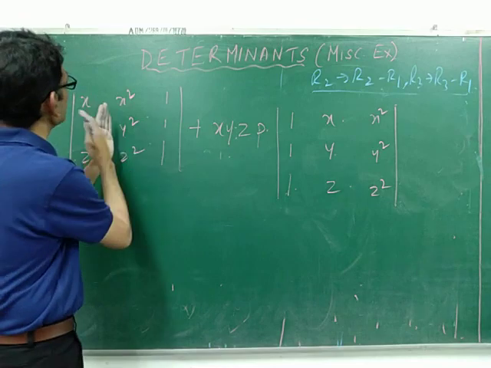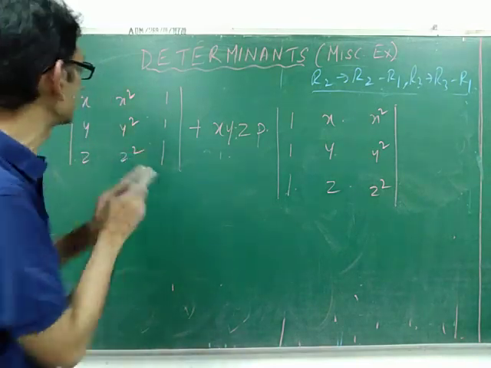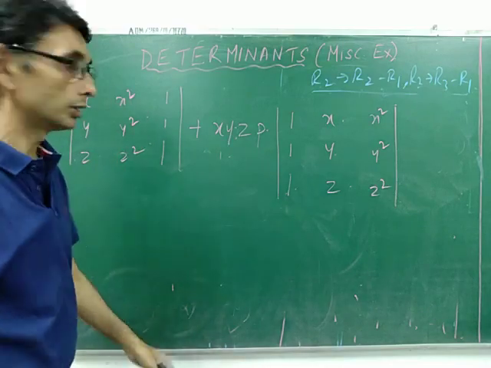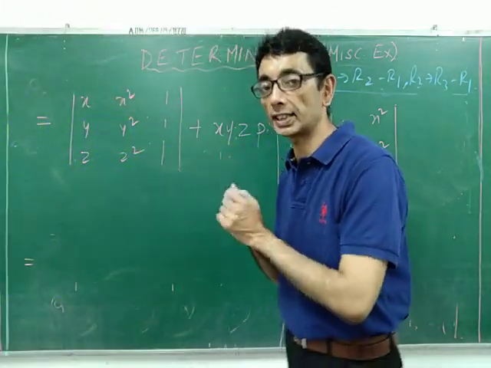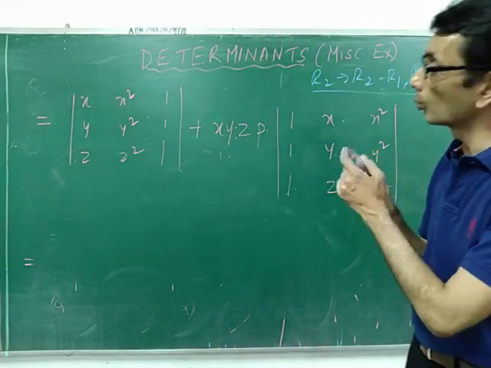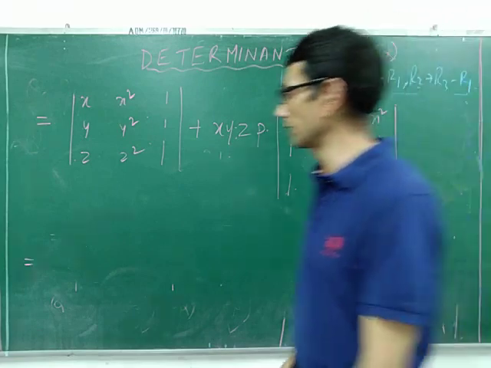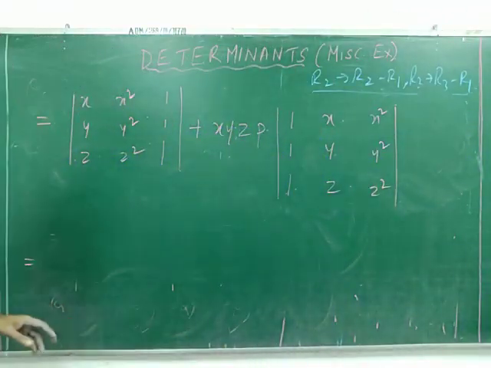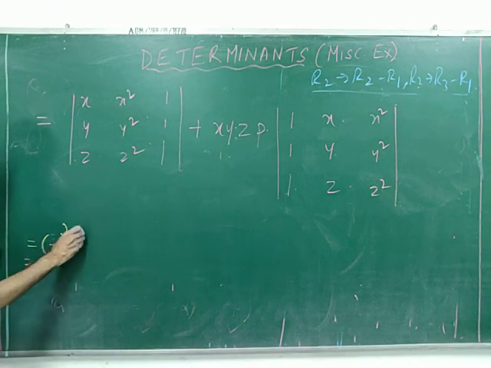Then we will make another interchange of the third column and the second column. That means we need to make two column interchanges for the first determinant. You know, if you make one interchange of a pair of columns, the determinant is multiplied by a minus sign. And if you make two changes, it is multiplied by minus 1 to the power 2.